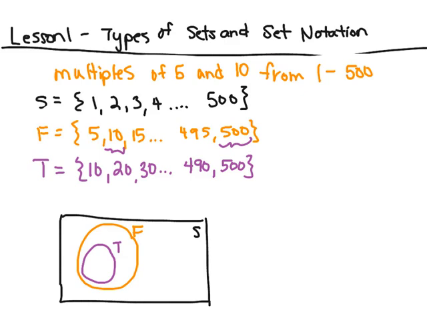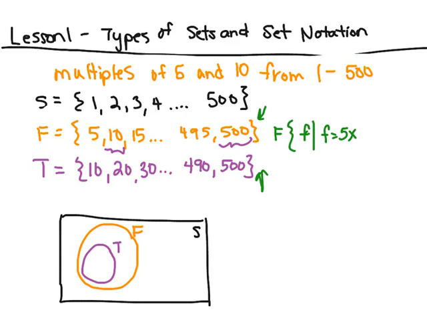So while this is good, this isn't quite set notation. And that is because we want to show that it could be any number. And when we want it to be any number and it to be more general, we usually use an X, or a variable. So the way that we would show this in set notation is we want to say F such that F is equal to 5X.